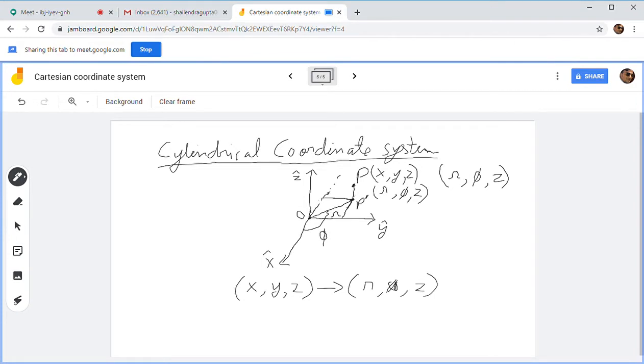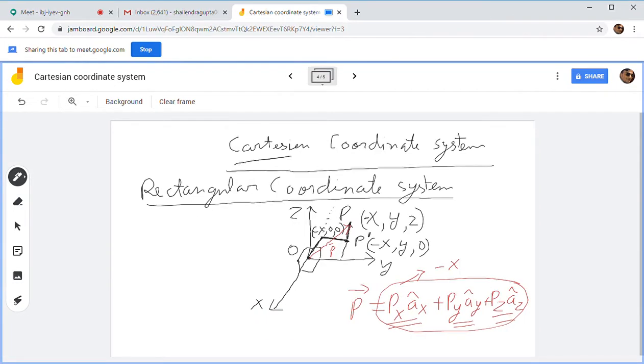Just see, like we have done in the rectangular coordinate system, we have only 3 dimensions, x, y, and z. So we have to move in these 3 directions to reach from the origin to your P. So we moved on the x-axis, then y-axis, then z-axis.